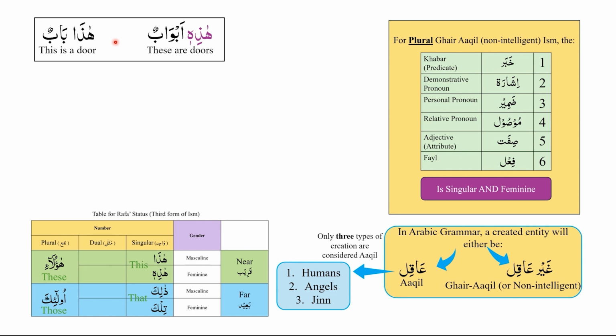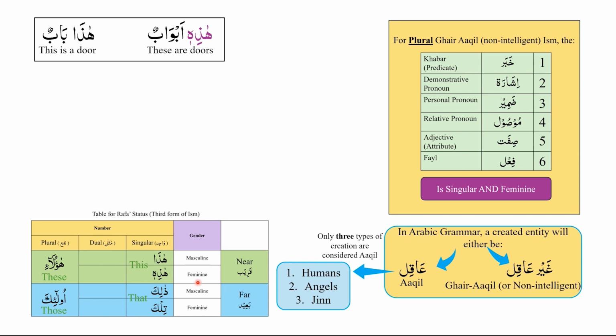This is a door. Haza babun. And the plural will be these are doors. Hazihi abwabun. We will not say haula'i abwabun, but we will say hazihi abwabun. Hazihi is a demonstrative pronoun which is singular and feminine.